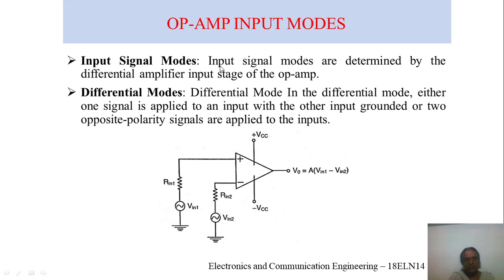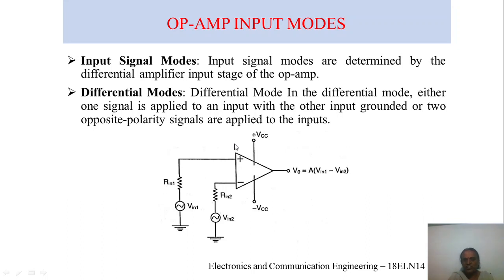In the input signal modes, what we are doing is determined by the differential amplifier input stage of an op-amp. Where did the term differential amplifier come from? The differential amplifier concept came in session 1, in the op-amp architecture. In the op-amp architecture there were 4 blocks.